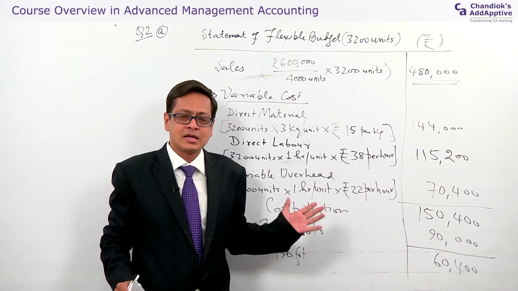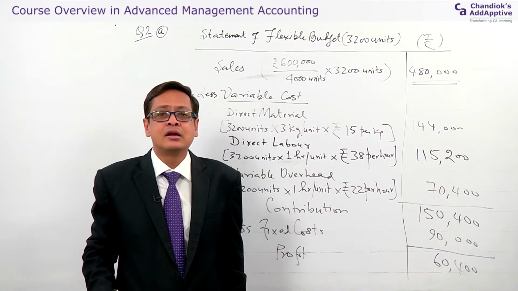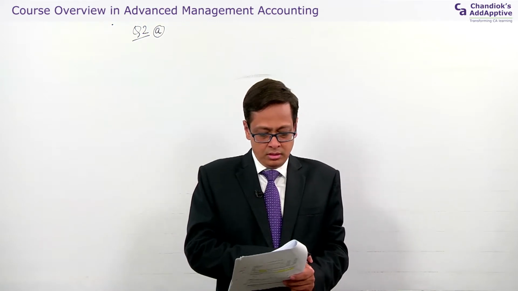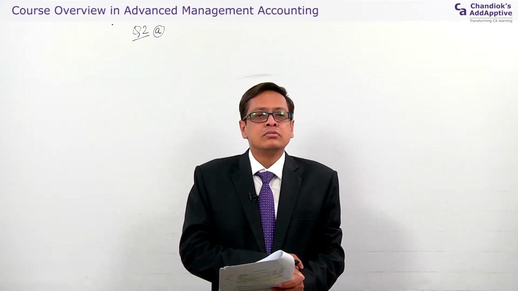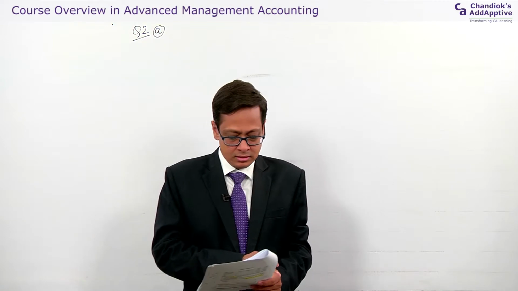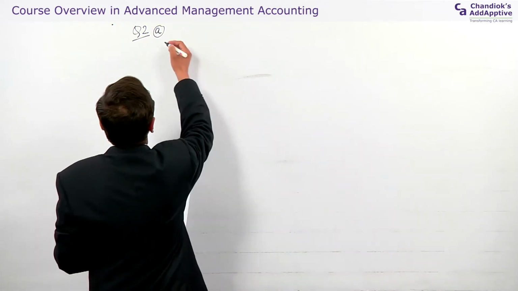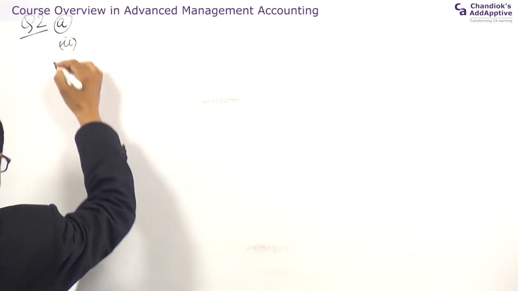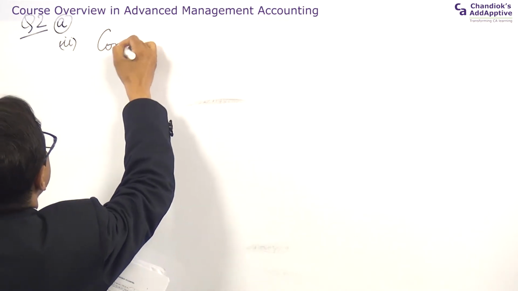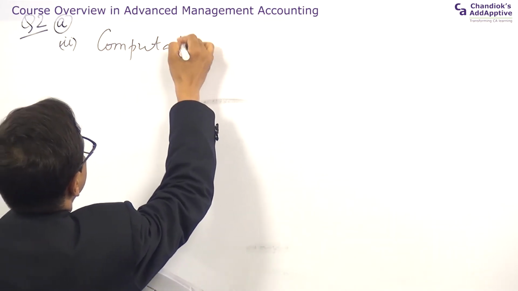Now we will solve the second part, which deals with the standard costing. So now we are going to solve the B part of the question, which is again the variance relating item. So this is 2A part 2. So this is computation of variance.